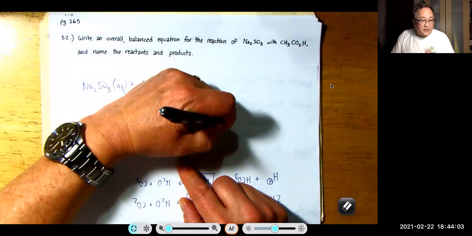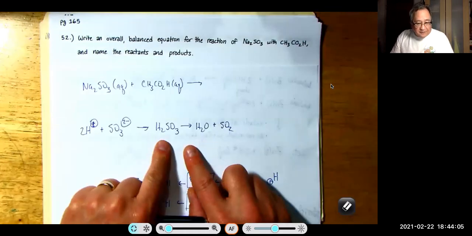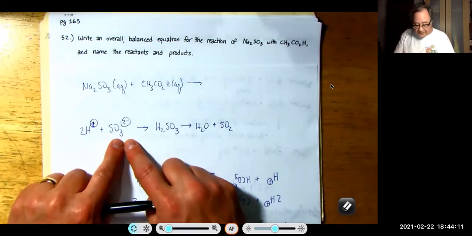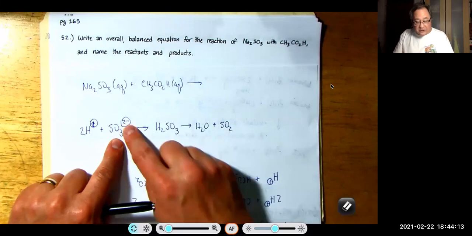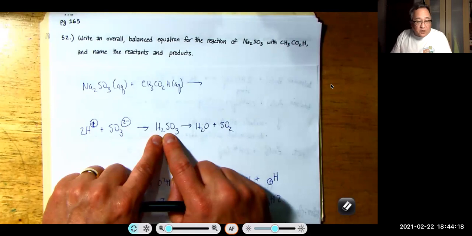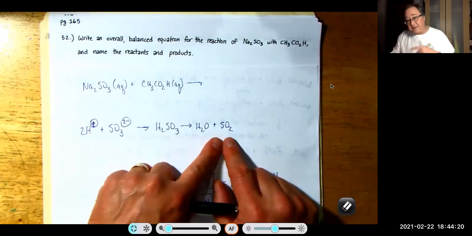Does this look similar to the previous one? And it should, because here we have SO3 instead of CO3. It's still a 2 minus. This looks like H2CO3, only it's an S, and you get H2O and SO2 instead of CO2.